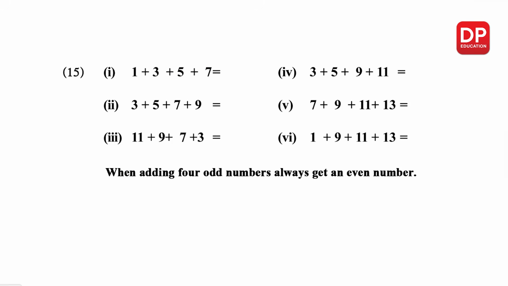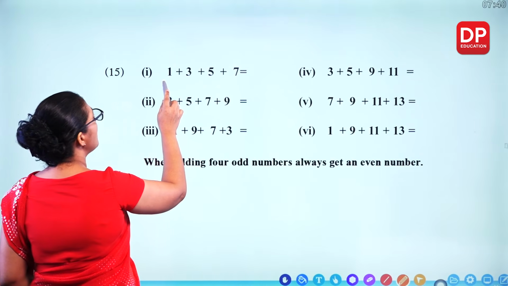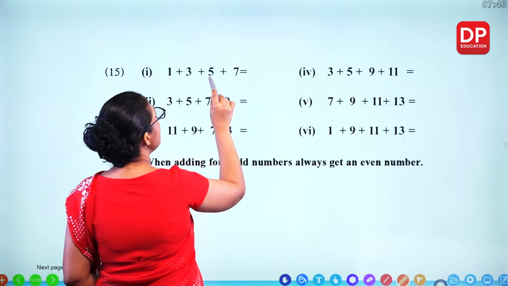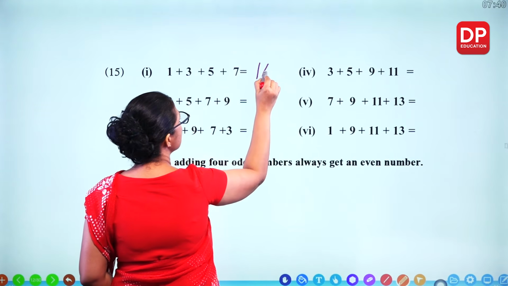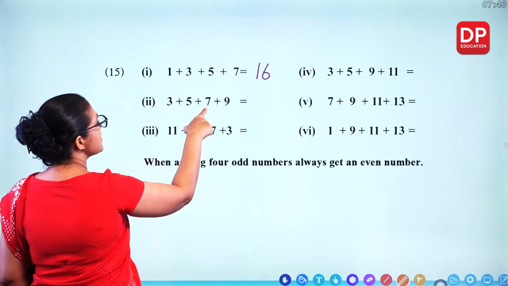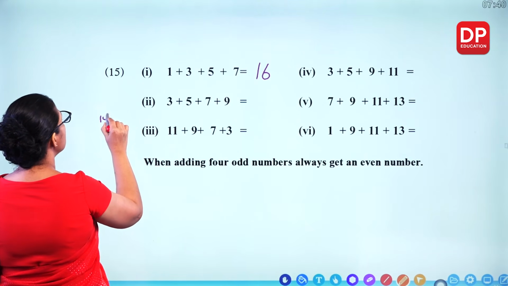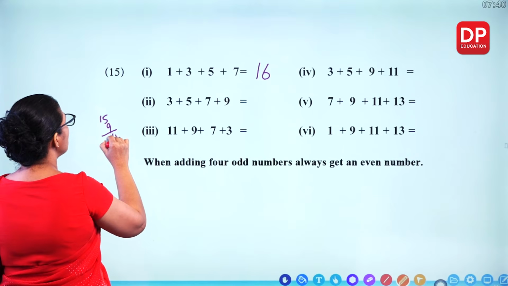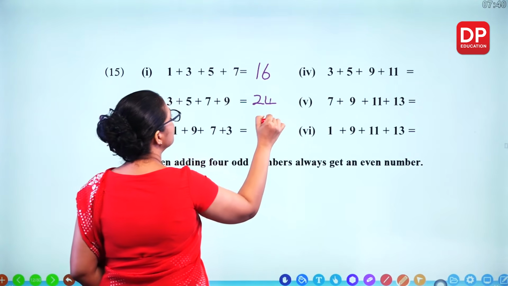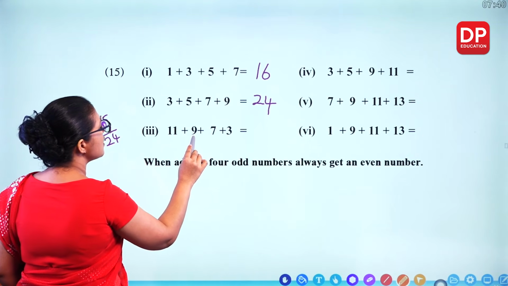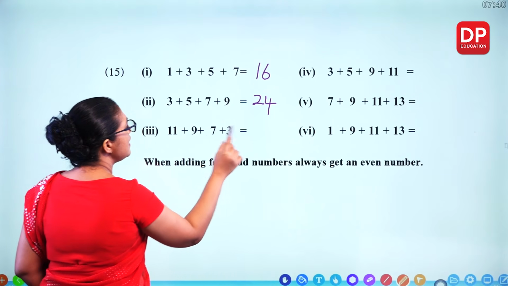Now adding four odd numbers. 3 plus 1, 4. 4 plus 5, 9. 9 plus 7, 16. 8 plus 7, 15. 15 plus 9, 24. 11 plus 9, 20. 20 and 10, 30.